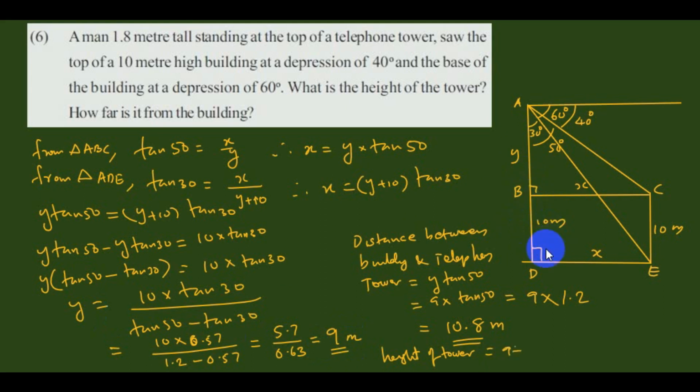This much distance is 9, this 10. 9 plus 10, 19. From that one we need to subtract the height of the man 1.8. That's equal to 9 plus 10, 19 minus 1.8 will be 17.2 meters. Okay, now we got the distance between building and tower and the height of the tower also.